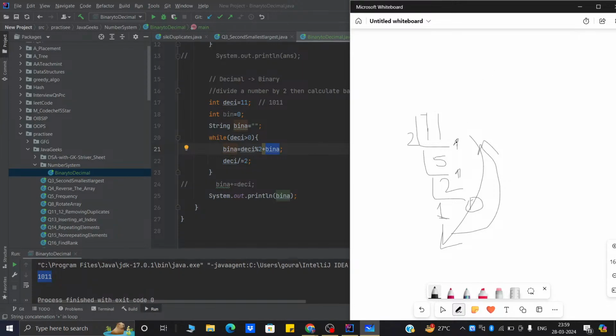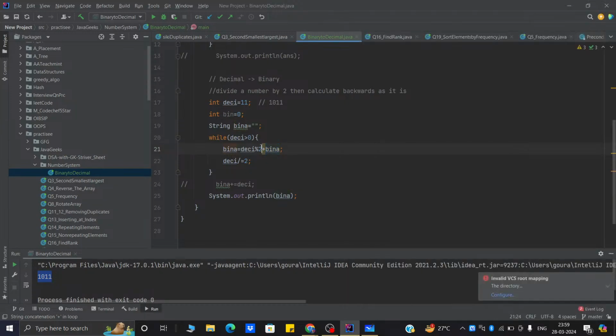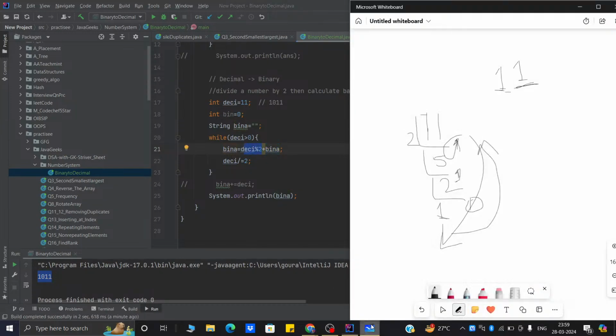Let's say this is 1, so 1 is here, and then the 1 comes, so 1 will come here, and then the previous number which was stored will be added at the last of the number. So 1 will be added here, isn't it? So decimal by 2 is the 1. It's the last position. Yes, and the number which was stored here will be placed at the last position.